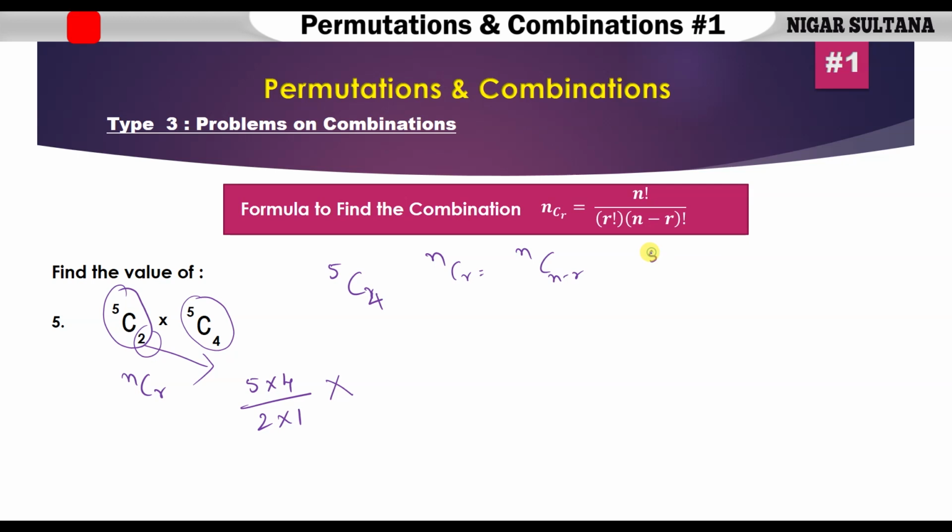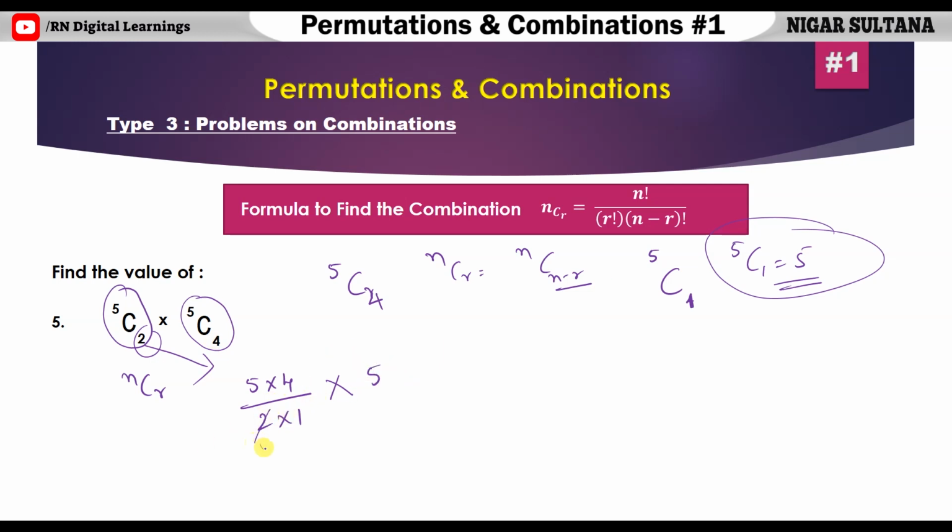So the value of n is 5 here, n minus r, 5 minus 4, is 1. So 5C1 always gives you 5. So replace this value here with 5. 2 ones are 2, 2 fives are 10, and 10 into 5 is 50. The value of this will give you 50.